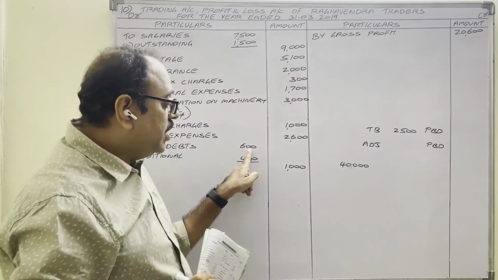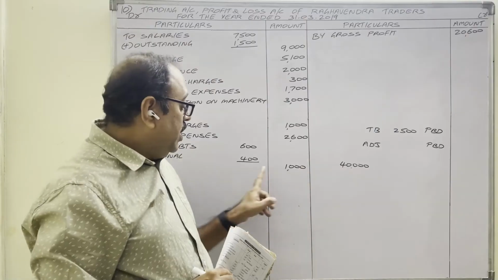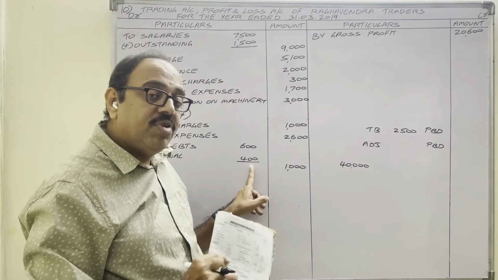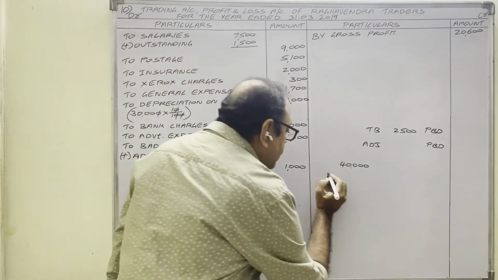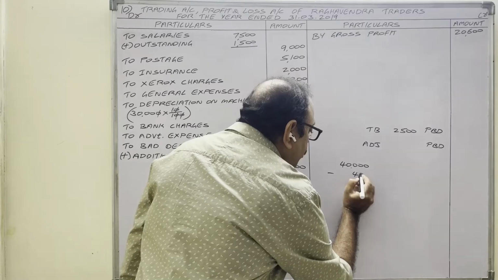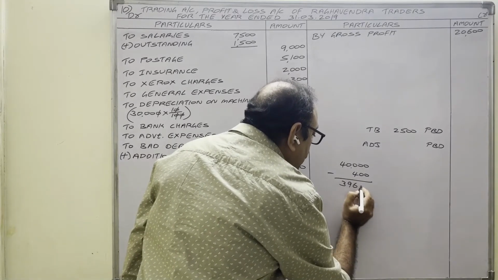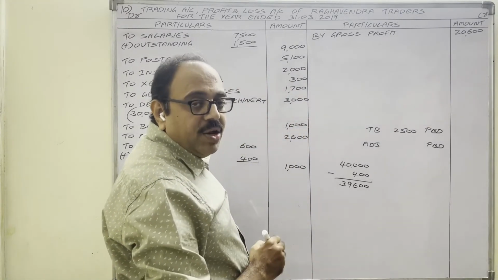After deducting 600, remaining debtor value 40,000. In adjustment bad debt is given, means this amount not yet deducted from debtors. Therefore now we have to deduct. Minus adjustment bad debt 400 is equal 39,600. This is the net debtor value.